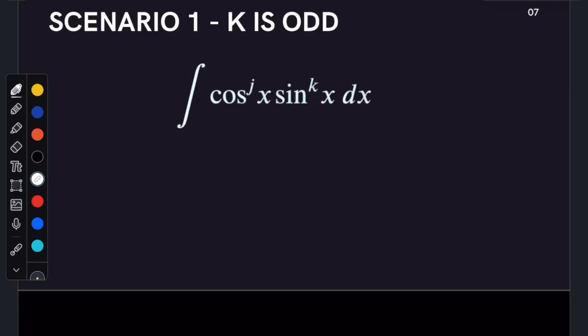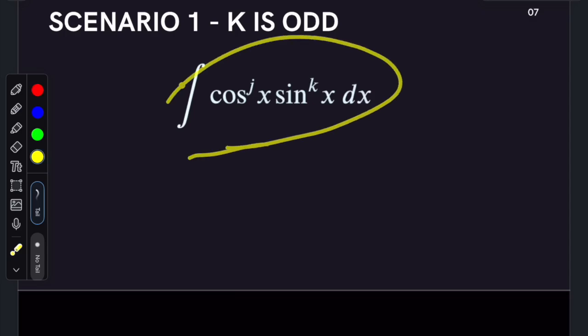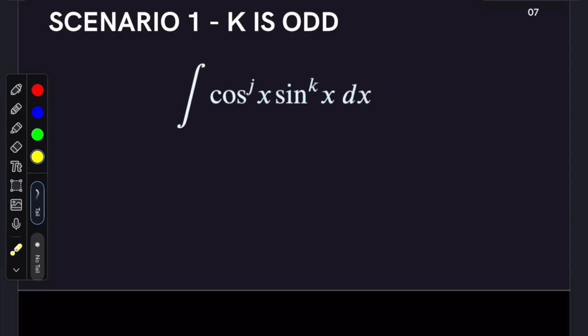Now, in the first scenario, we're going off the assumption that we've got an integral like this, cos to the power jx times sine to the power kx, and the scenario here is basically that k is odd. So what would you do in a situation like this?